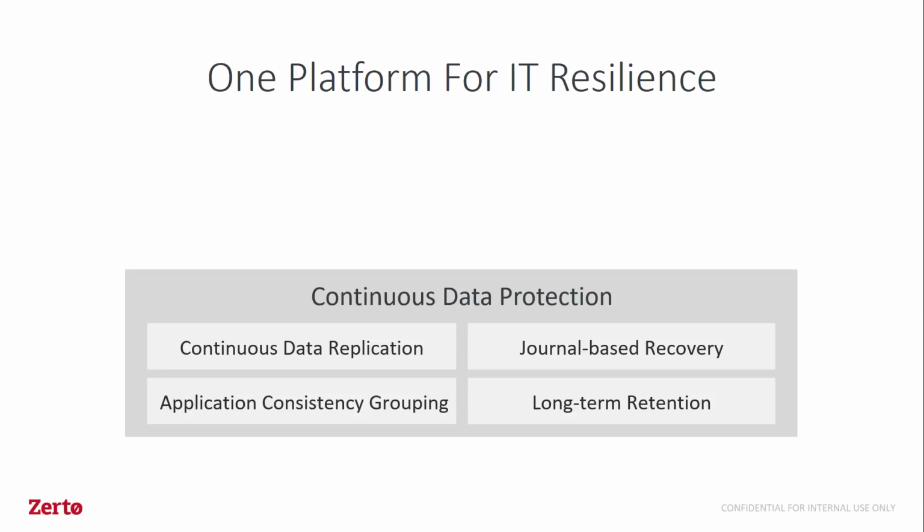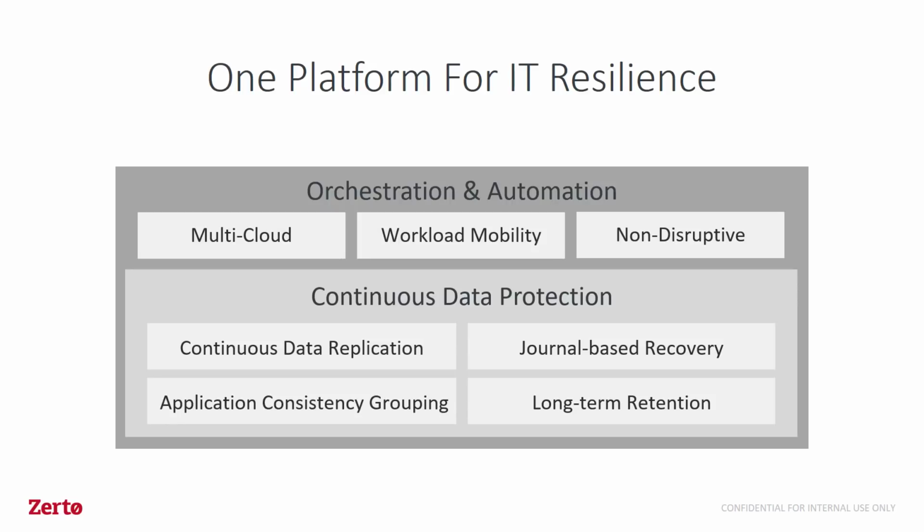And this isn't just about the data. This is about your key business services that need protecting. So the platform addresses your applications and your needs around long-term retention of data. Now today you might be using multiple tools to address data protection needs. And Zerto can combine those into one platform.